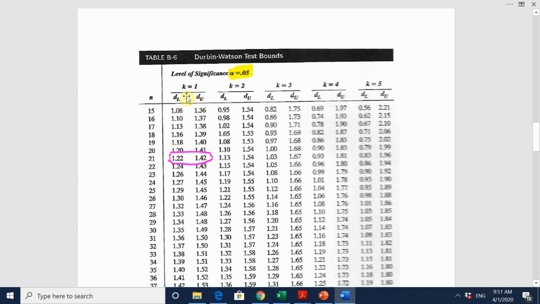Note that for each value of k, k being the number of predictors in my regression model, I will get two critical values: one for the lower limit and one for the upper limit of the Durbin-Watson statistic.